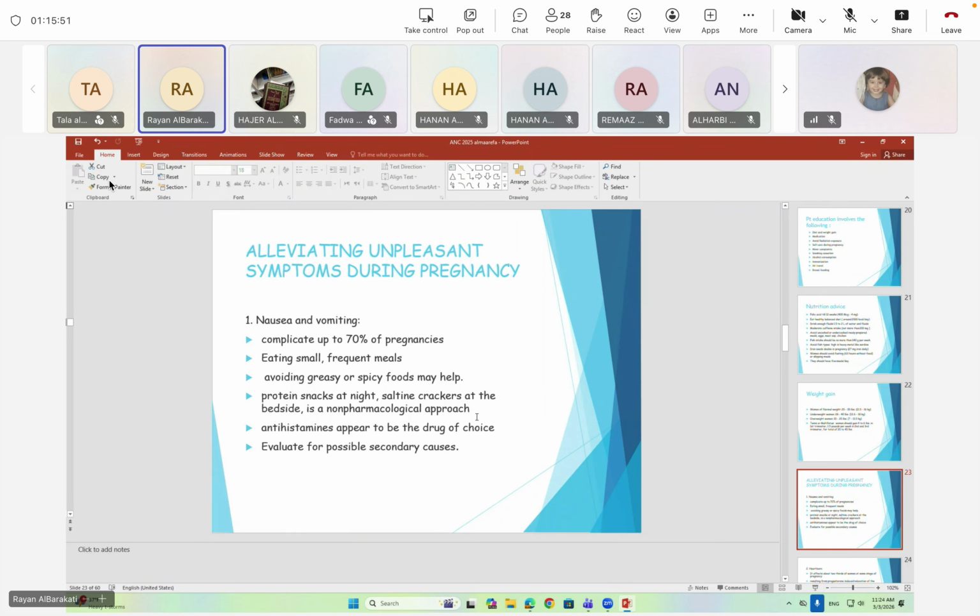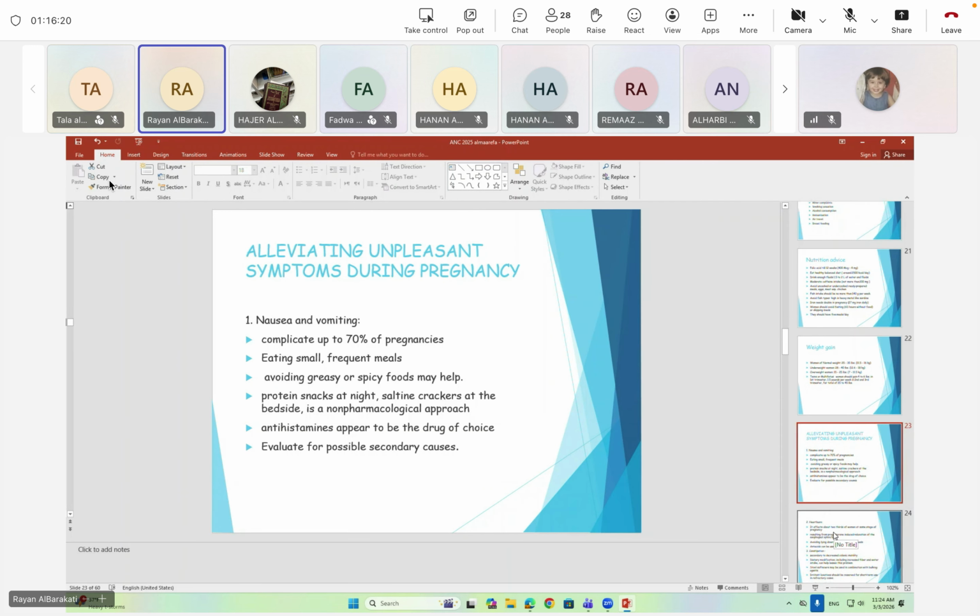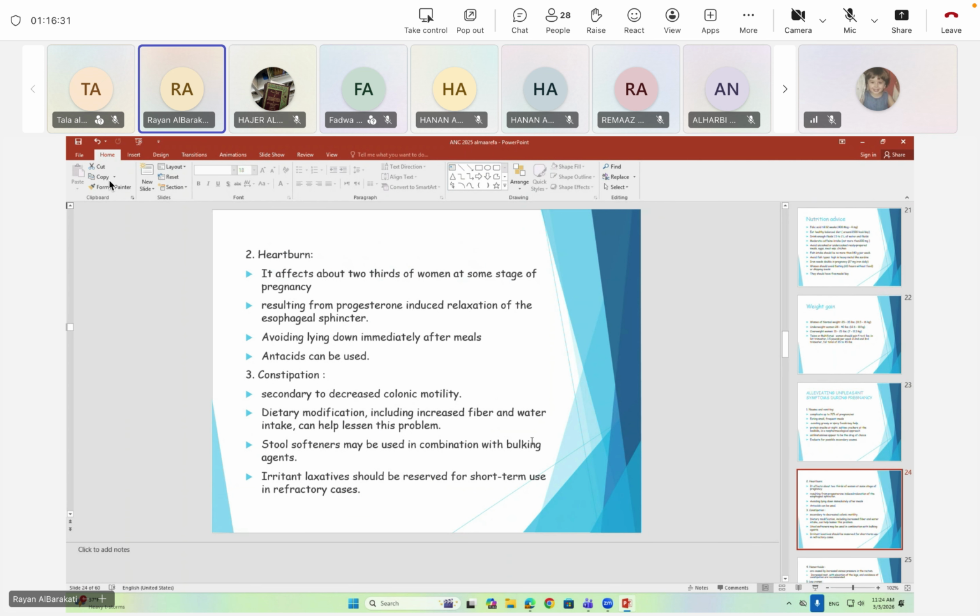Usually we give Vuminor or Metoprolol as a first choice, which is meclizine, or we can go to others like metoclopramide, and in severe cases we go for Zofran. We evaluate for possible secondary causes like twin pregnancy, God forbid diarrhea, food poisoning, or other causes, GERD, as any other patient.